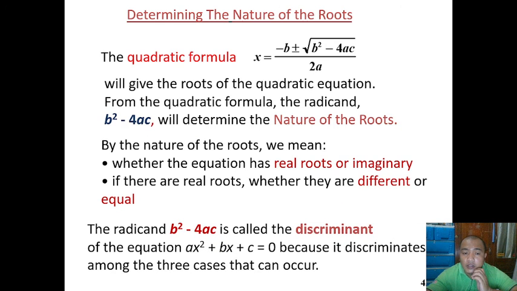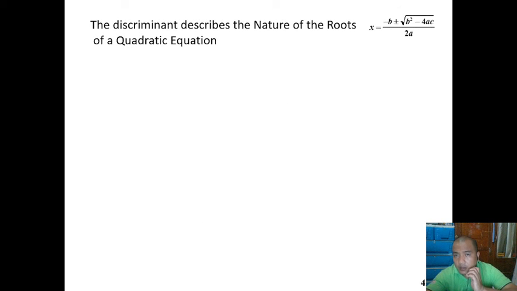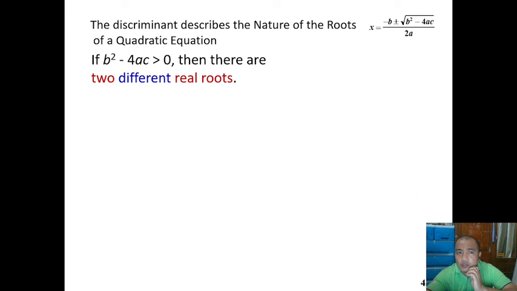The radicand b squared minus 4ac is called the discriminant of the equation ax squared plus bx plus c equals 0 because it discriminates among the 3 cases that can occur. The discriminant describes the nature of the roots of a quadratic equation.